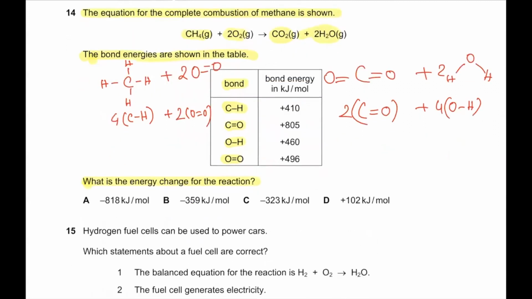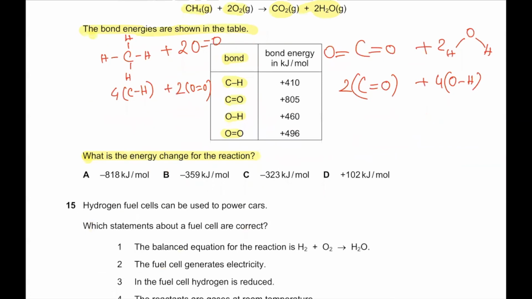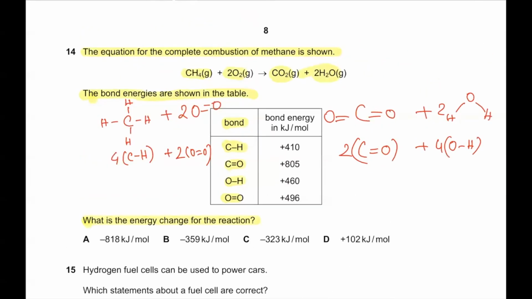Great. Now, what is the energy change for this reaction? To find out the energy change for this reaction, we gotta multiply. Now, C-H is 410, so 4 into 410 plus 2, oxygen's bond energy is 496, so 2 into 496. All right, C=O bond energy is 805, so 2 into 805, plus 4 into each O-H energy which is 460.